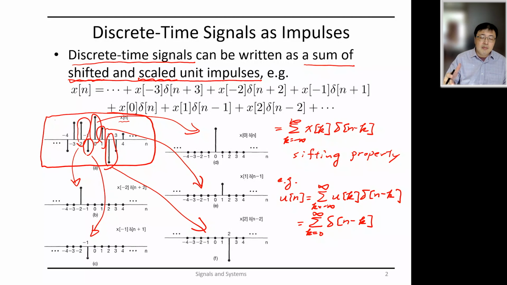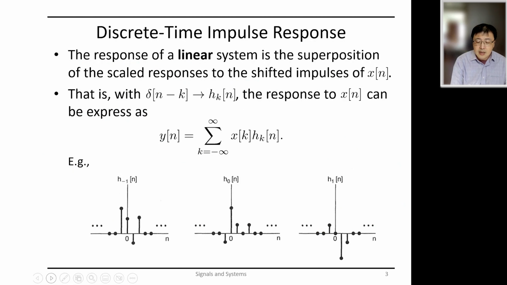Now, if the system is linear, then the response of this linear system would be the superposition of the scaled responses of these time-shifted impulses. Okay, so we viewed the input xn as a superposition of these time-shifted impulses.